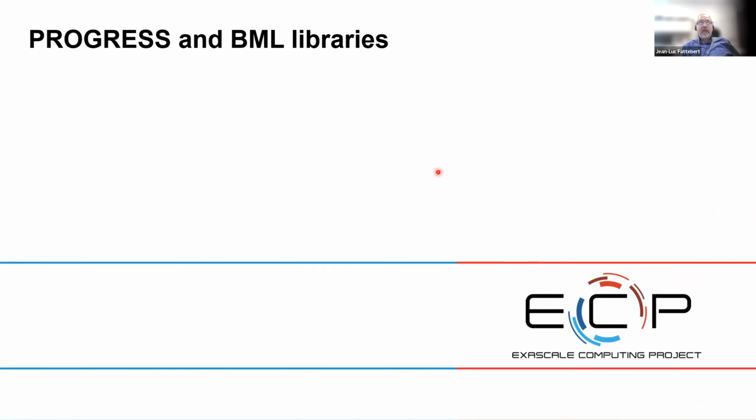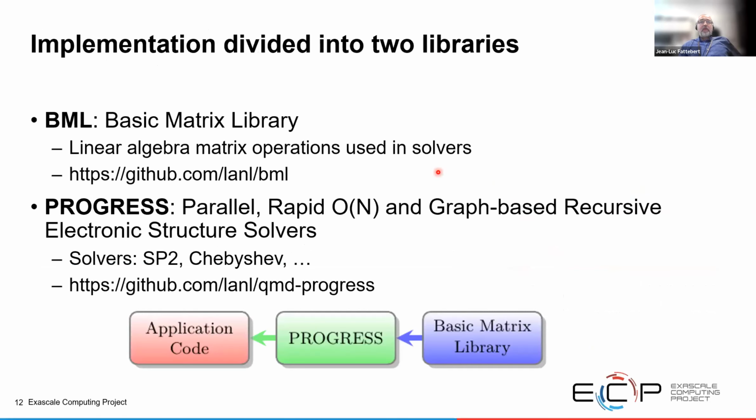Okay, thank you. So the two libraries that we've been developing under the umbrella of the Exascale Computing Project are called BML and PROGRESS. BML stands for Basic Matrix Library, and you can find it on GitHub, open source.